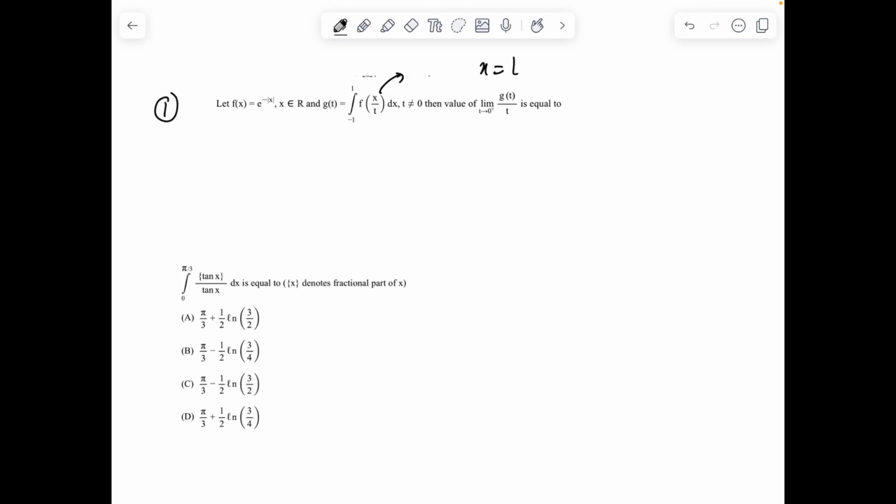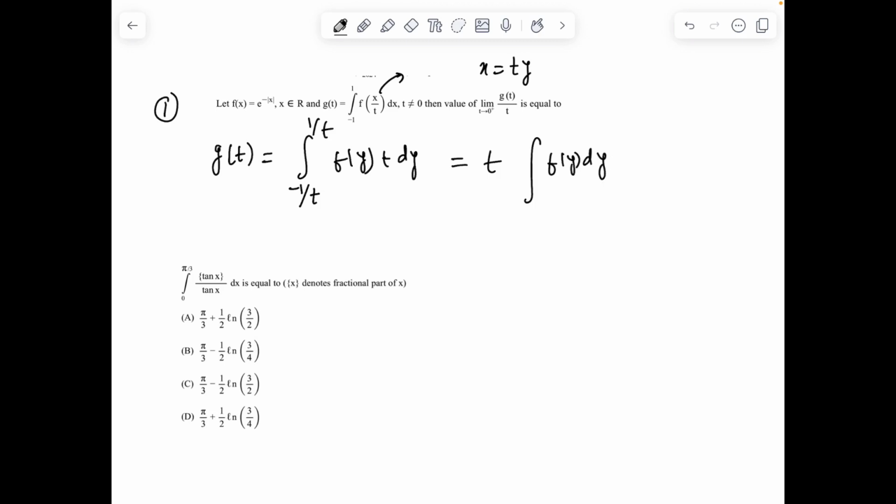So as you can clearly see, we can make a substitution x equals ty, and with this substitution g(t) gets converted into the integral from -1/t to 1/t of f(ty) t dy, and that gets t times, t we can take out, integral of f(y) dy from -1/t to 1/t.